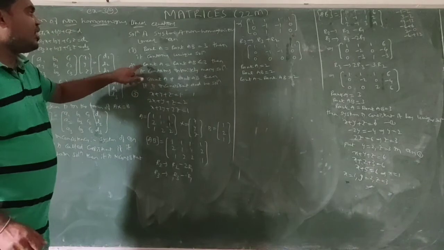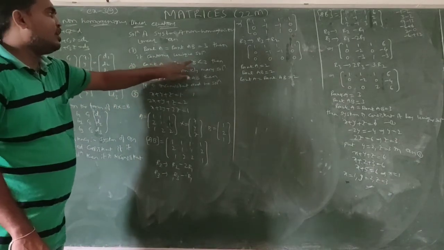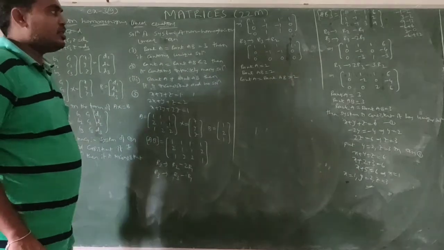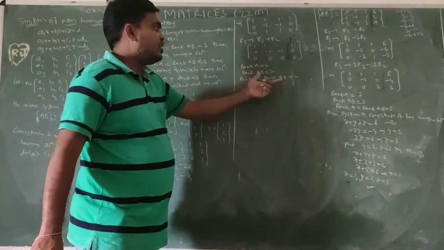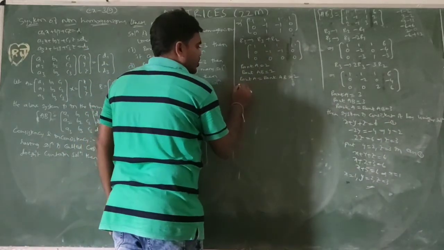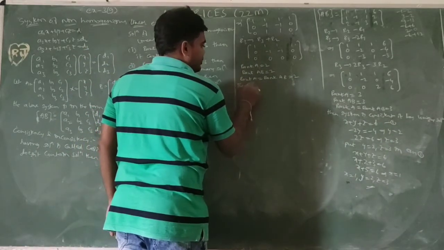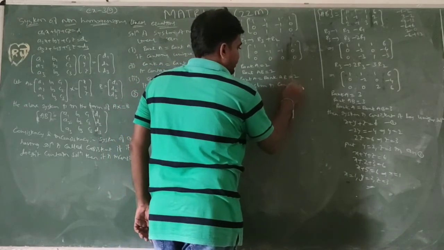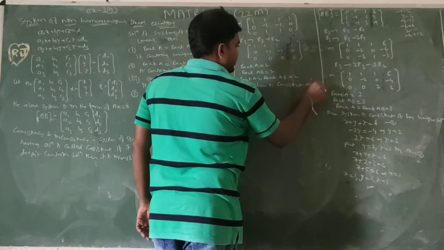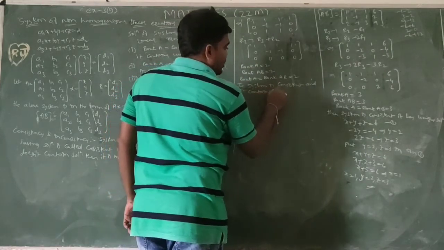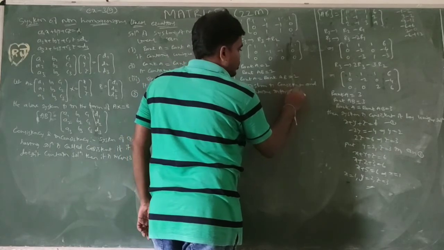Here, if rank A equals rank AB is less than 3, then it contains infinitely many solutions. So therefore the system is consistent and it contains infinite solutions.